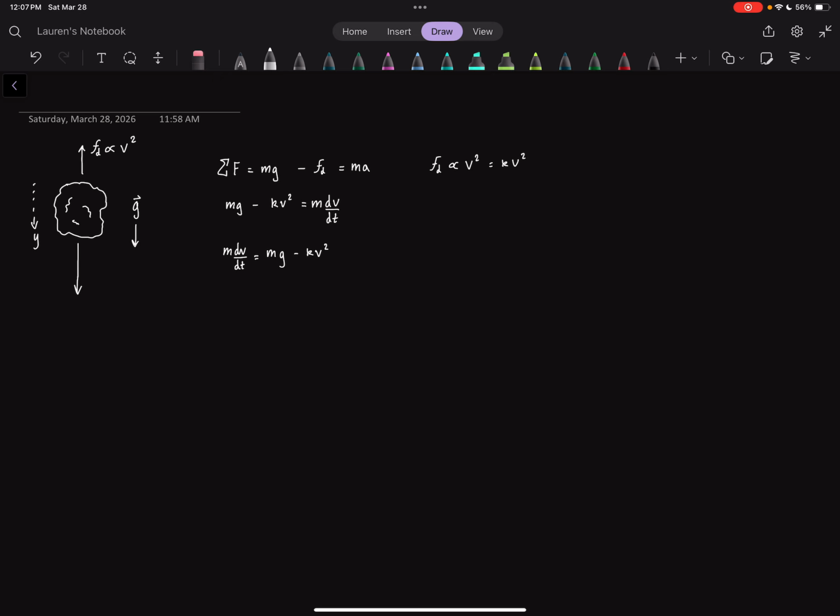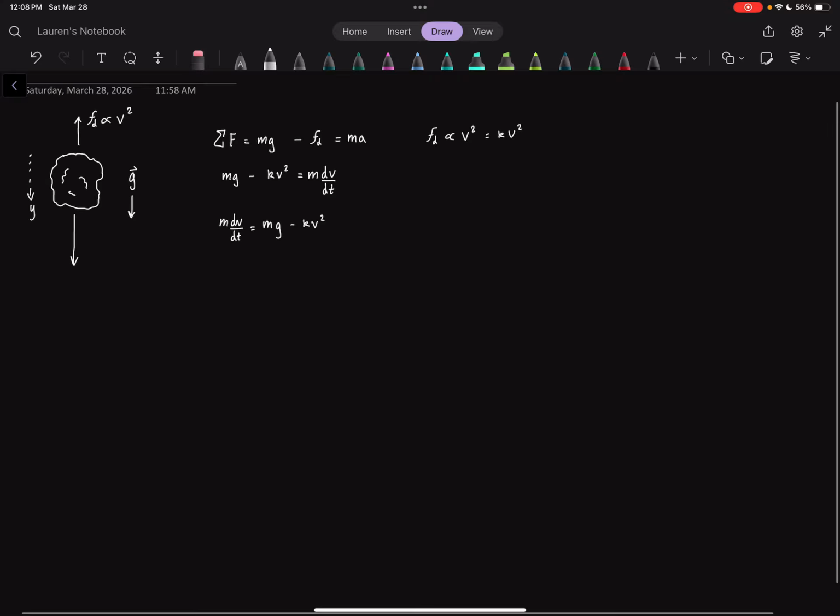So we have a dv on the left, and we want that kv squared term on the left. So we'll just divide both sides by what's on the right side. So we have m over mg minus kv squared times dv dt, and we're left with only 1 on the right side.